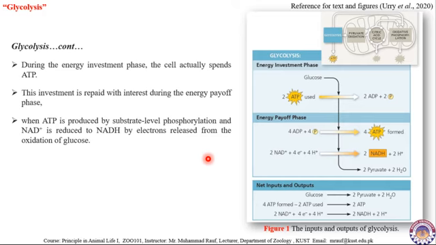In aerobic cellular respiration, we will study the production of ATPs via two mechanisms. The first is substrate level phosphorylation. Substrate level phosphorylation is a process in which one of the substrates, one of the intermediates of the pathway, provides a phosphate group to ADP and produces ATP.